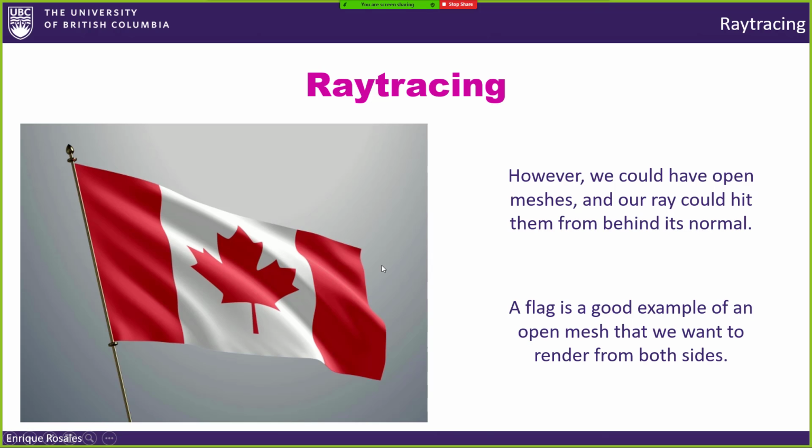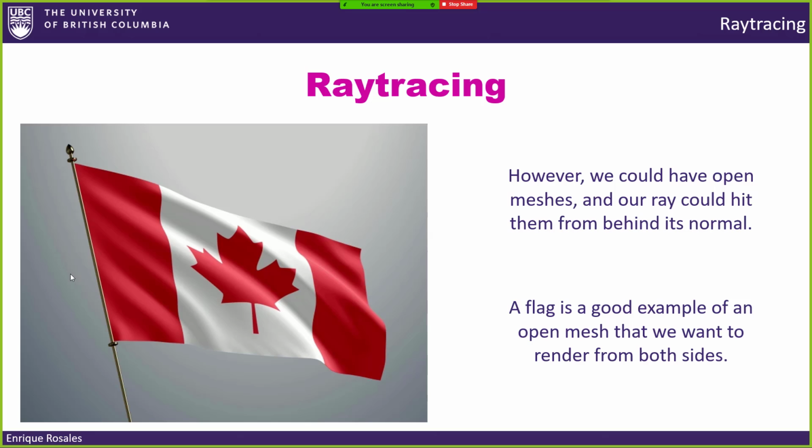But if you do back face culling, maybe you have the camera in this direction and you see the flag, but then maybe you even have a simulation of this flag and the wind is blowing, and you start to see the other side of the flag. If you do back face culling, basically the flag will disappear, because now you're seeing the back of the flag.